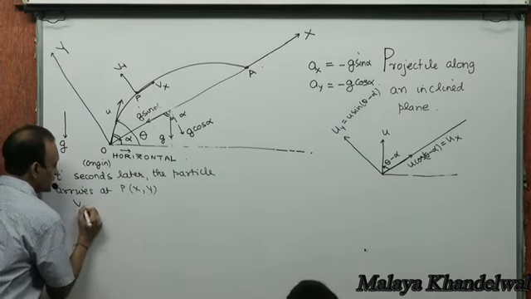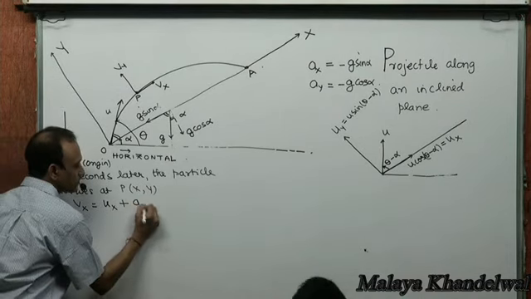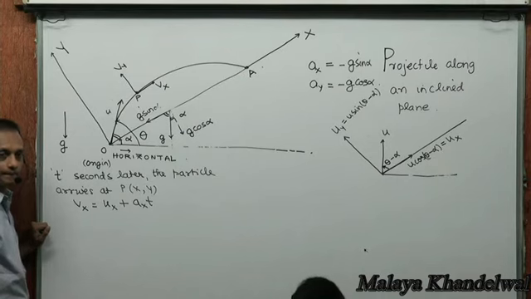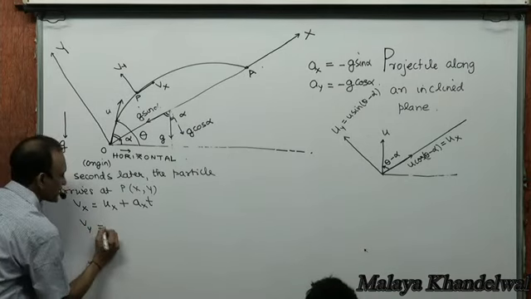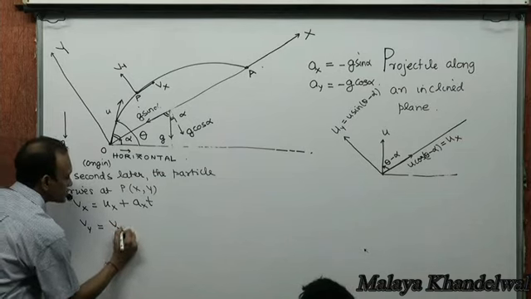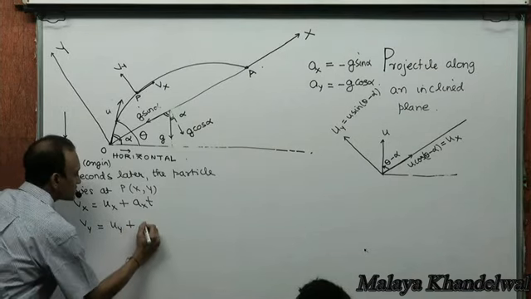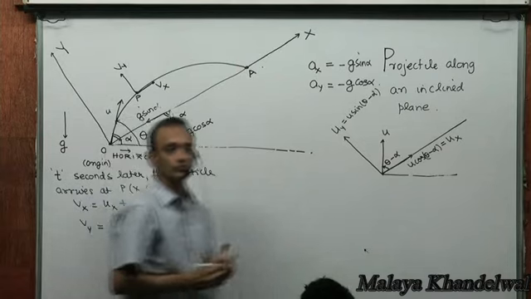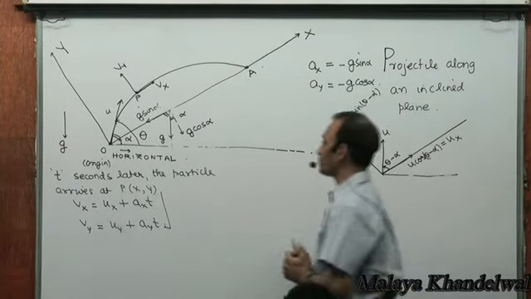Its velocity in the x direction t seconds later would be the initial velocity in the x direction plus ax into t. Right? Its velocity in the y direction t seconds later would be the initial velocity in the y direction plus the acceleration in the y direction into t. Yes or no? These would be the velocity components in the x and the y direction t seconds later.